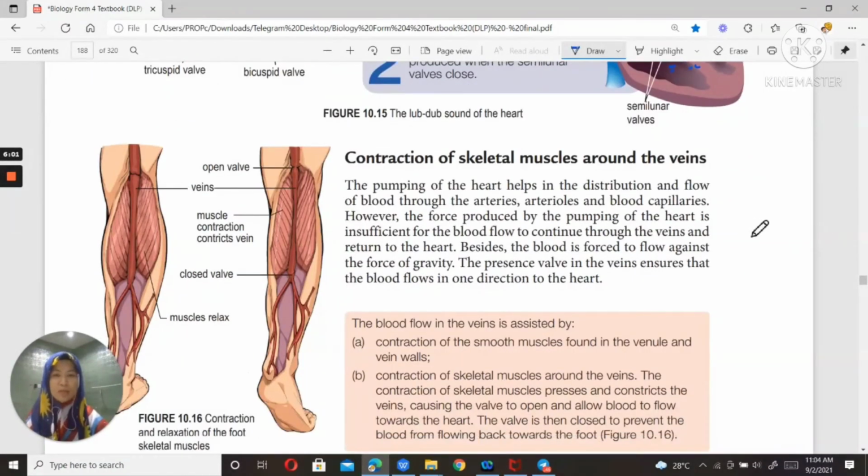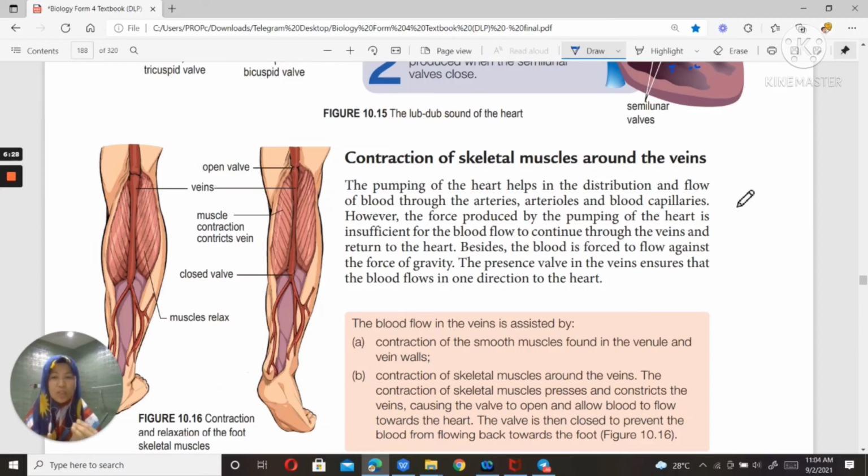Okay, next, look at the contraction of skeletal muscles around the vein. You have to understand that the pumping of the heart will help the distribution and flowing of the blood through arterioles, the branches of artery, and capillaries. After that, gas exchange, even nutrient exchange, will occur.